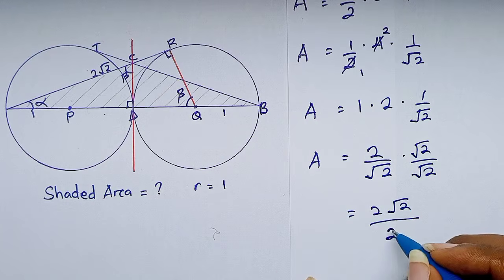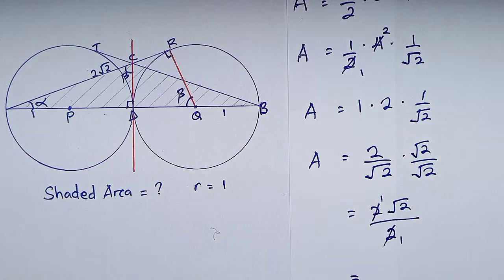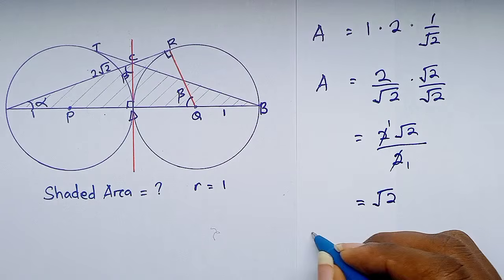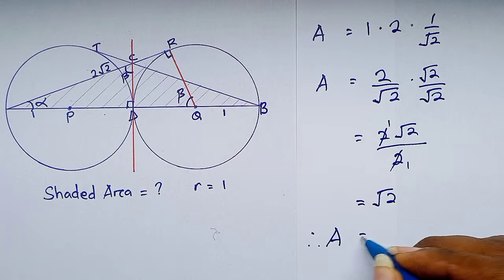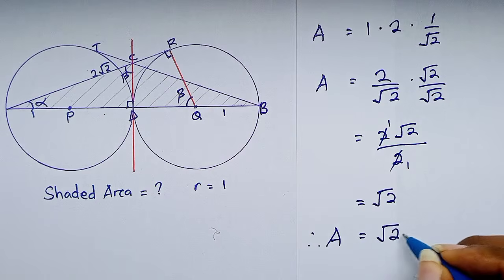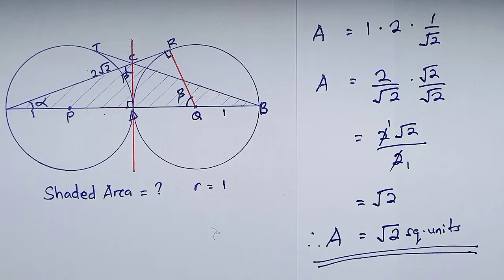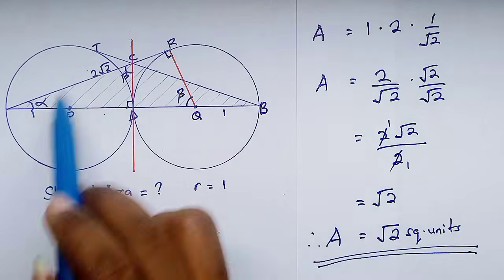Okay, and this 2 cancels with this 2. So this will be equal to root 2. Therefore, the area of the shaded region is equal to root 2 square units. So that's the answer for the area of the shaded region.